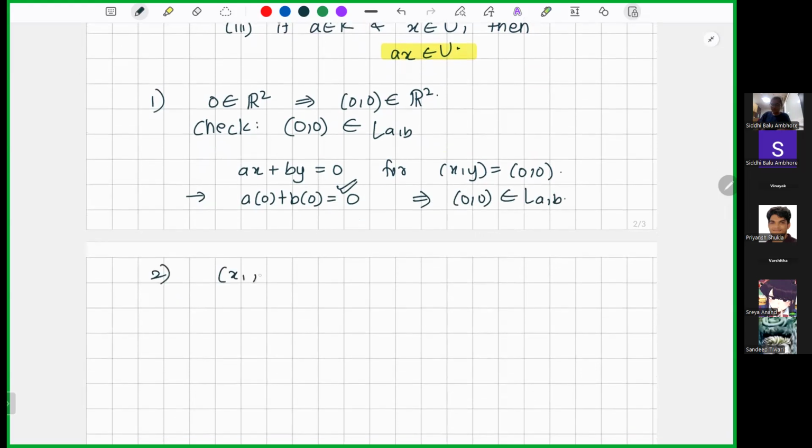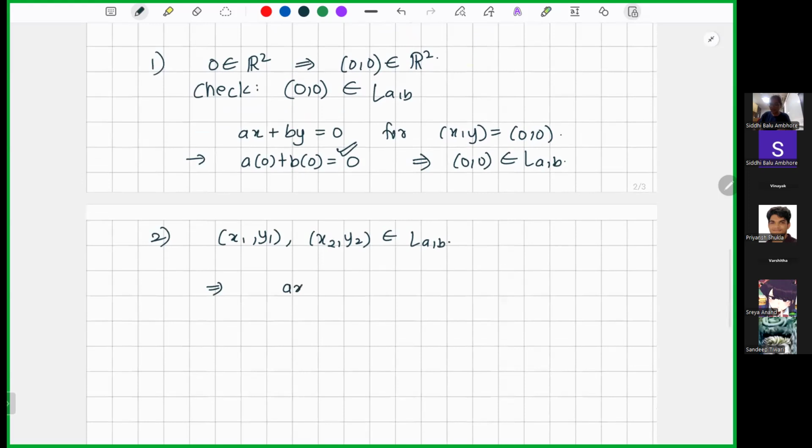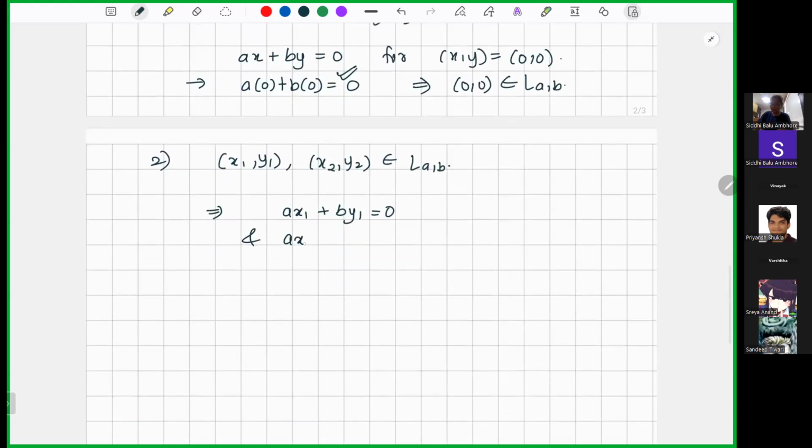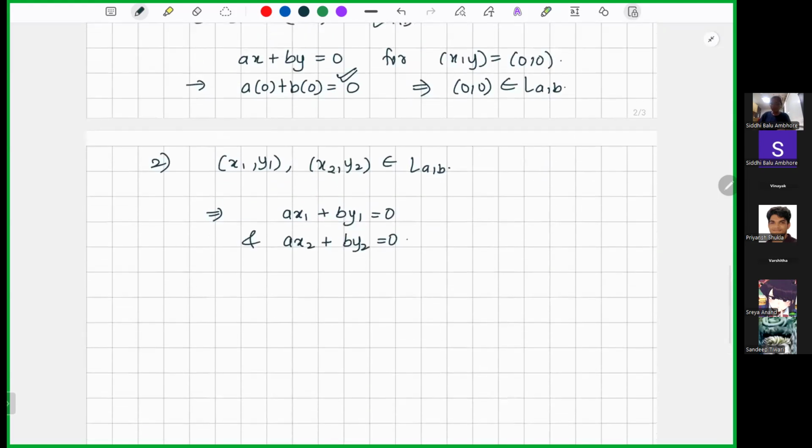And if I take these 2 points, x1, y1 and x2, y2 in R2 in this L_AB, then what does this imply? This A x1 plus B y1 is equal to 0 and A x2 plus B y2 is equal to 0. Okay, so now we have to check whether x1, y1 plus x2, y2 belongs to L_AB or not.